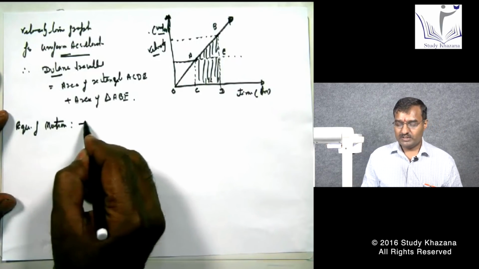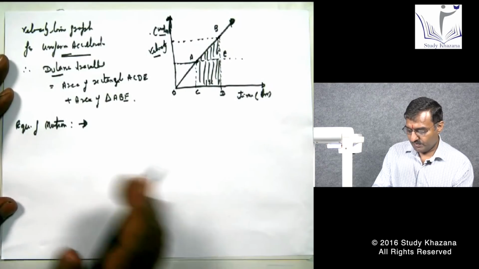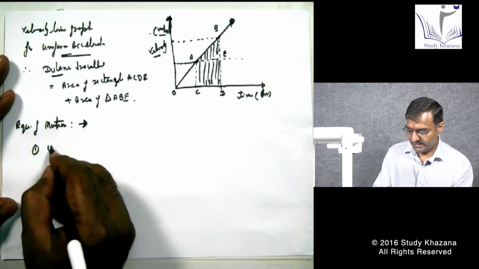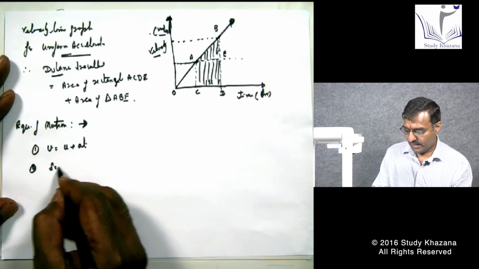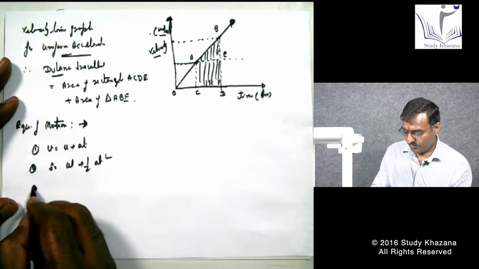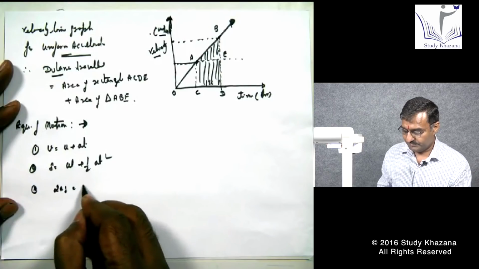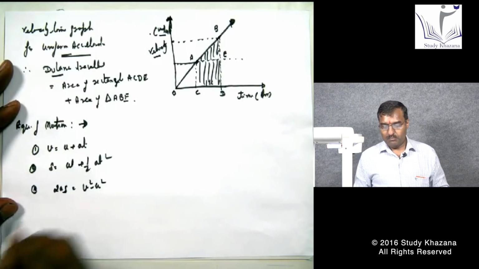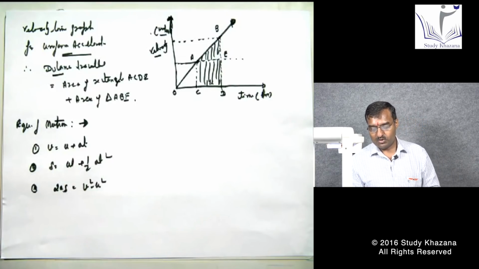In equations of motion, there are three equations which we generally derive. V equal to u plus at, second is s equal to ut plus half at square, and the third is 2as equal to v square minus u square. Before deriving these equations, first we have to consider the motion type.